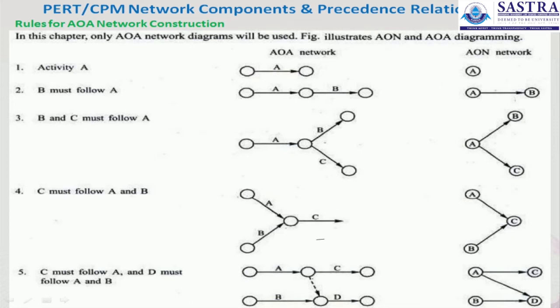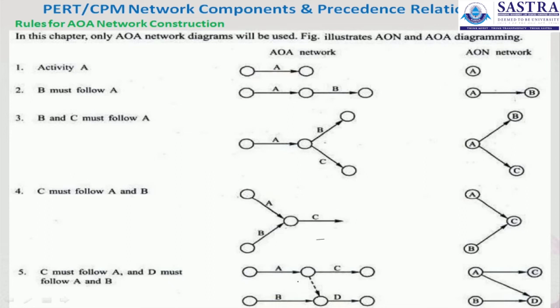C must follow A and D must follow A and B. If you draw a dummy activity here, through this dummy activity, from A to before D and B, we get the fifth representation.